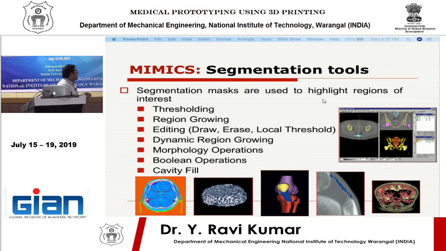Sometimes we need to edit it. So you have some draw tools, erase tools, thresholding tools, and dynamic region growing is another option. And you have some morphological operations you can do on this, and you can even do Boolean operations. You can perform these Boolean operations on these images, and then you can do some cavity filling.